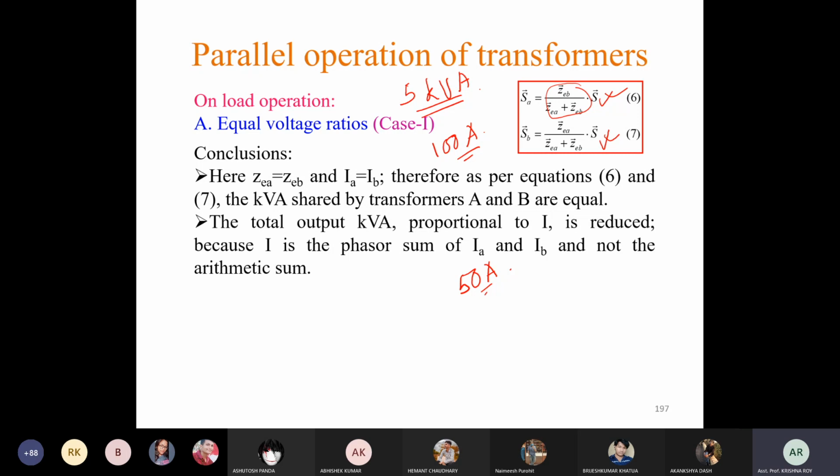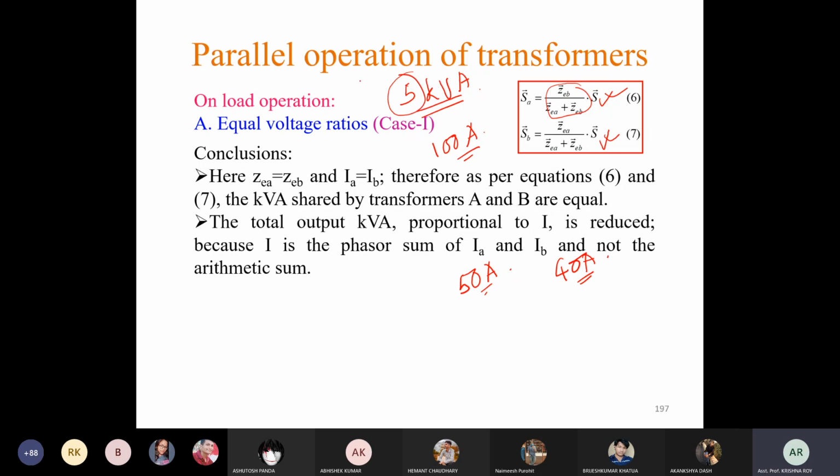So they will make some angle with each other and also with the total current I. Therefore, some other value of current will give you the resultant as 100 ampere, which means suppose that value is 40 ampere. Now 40 into the terminal voltage will give you some kVA, and the sum of those two kVAs will not be equal to this total kVA 5.